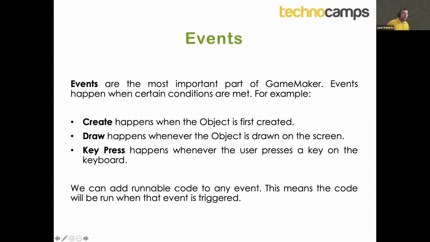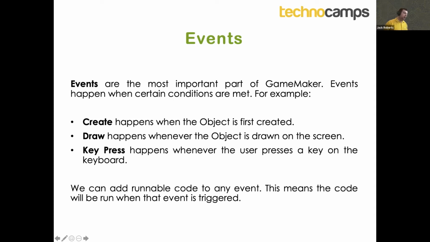Events are the most important part of GameMaker, and it's because of such events that we classify GameMaker as an event-driven game engine. Events happen when certain conditions are met. There is an event called create. Create happens when an object is first created.